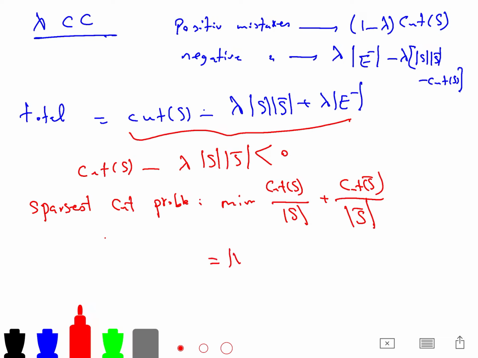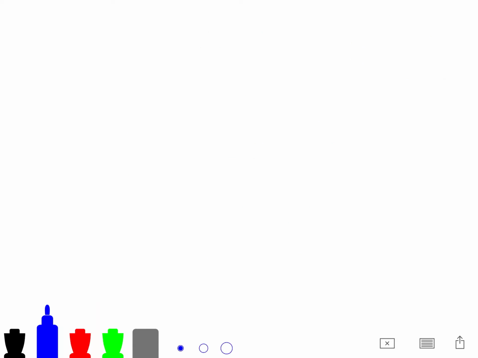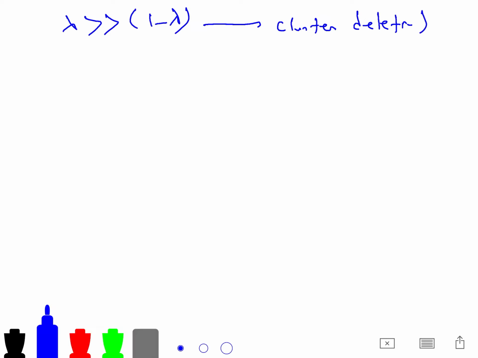So if you put that, it becomes just cut of S S bar, and this is just the sparsest cut problem. On the other hand, if lambda is very, very big, much bigger than 1 minus lambda, it leads to a cluster deletion problem. It means you cut edges and we form cliques, lots of cliques.